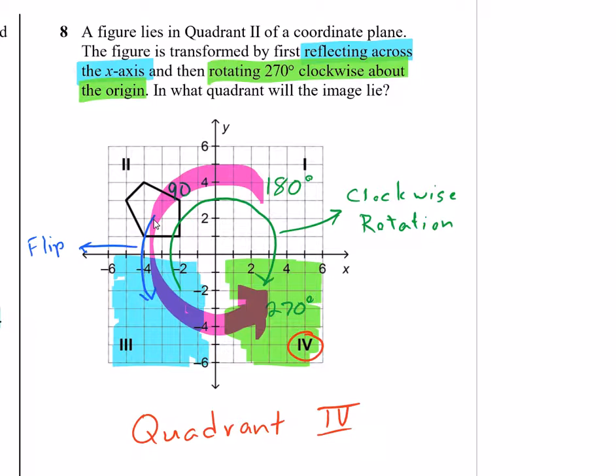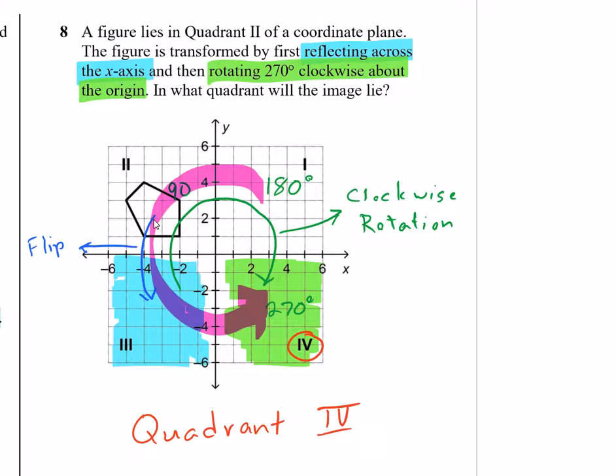Luckily on these problems, you are given the Roman numerals for each quadrant. So you have 1, 2, 3, and 4. Now, you have it given to you, but just to remind you, this is how you would end up finding it if you did not have the labels.